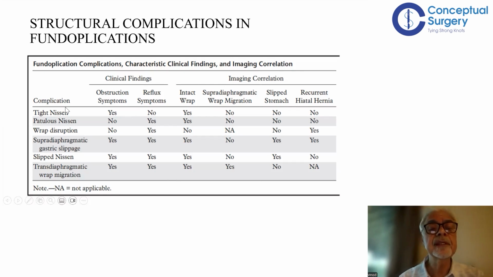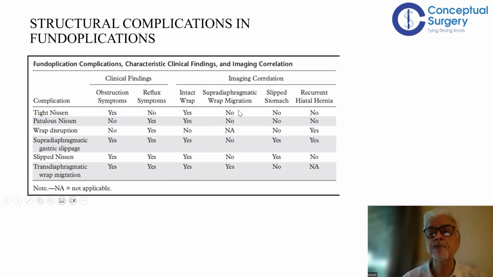So if there is a tight Nissen fundoplication, what happens? There are no reflux symptoms because it is very tight and will not allow reflux. The wrap is intact. If we do any imaging investigations, and we'll come to that, the wrap will be intact in this patient, and there is no migration of the wrap.